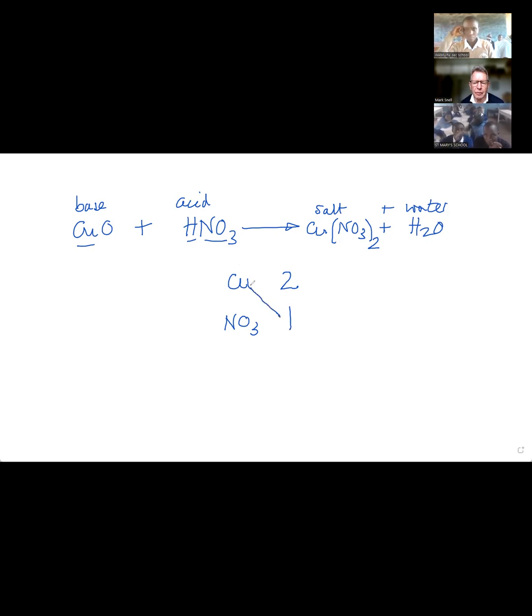If I swap these two numbers over, I get it right. So Cu, I don't have to have the 1, NO3, 2. So if I need 2 of those, I have to do that. Okay, so that's how I know that it's Cu(NO3)2.